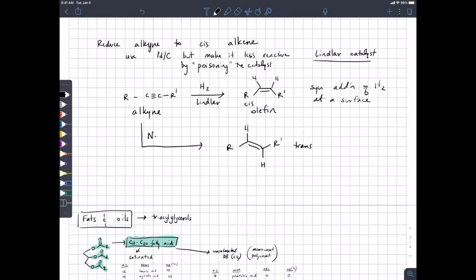I'm going to use Na with a 0 to indicate that this is sodium metal in its 0 oxidation state, dissolved in liquid ammonia. You may not know this, but the ammonia you go buy at the grocery store is actually ammonia dissolved in water, sort of some ammonium hydroxide. Ammonia itself is a gas. To make it a liquid, you have to condense it onto something really cold.